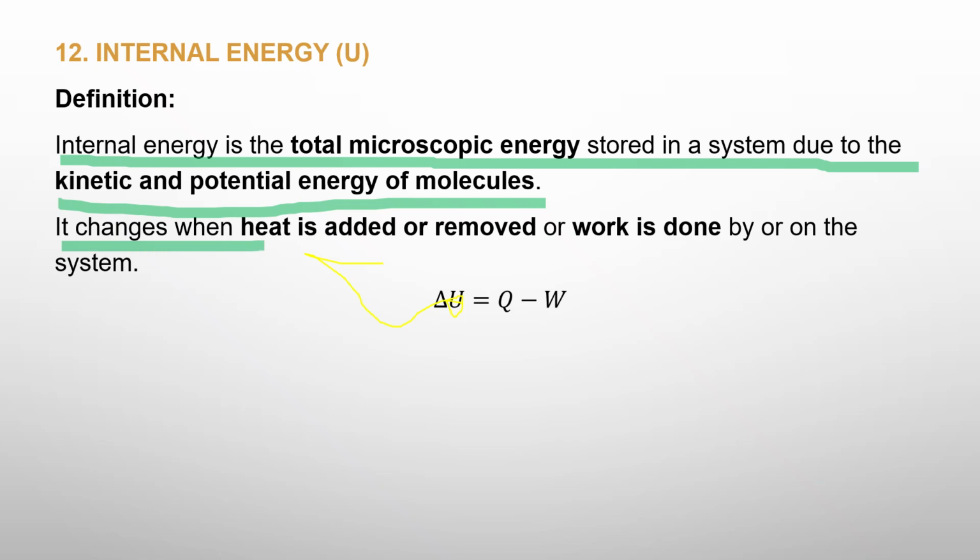It changes when heat is added or removed, or work is done by or on the system. So when heat is supplied or heat is rejected, when work is done by the system or work is done on the system, in all the 4 cases, this delta U value will vary.